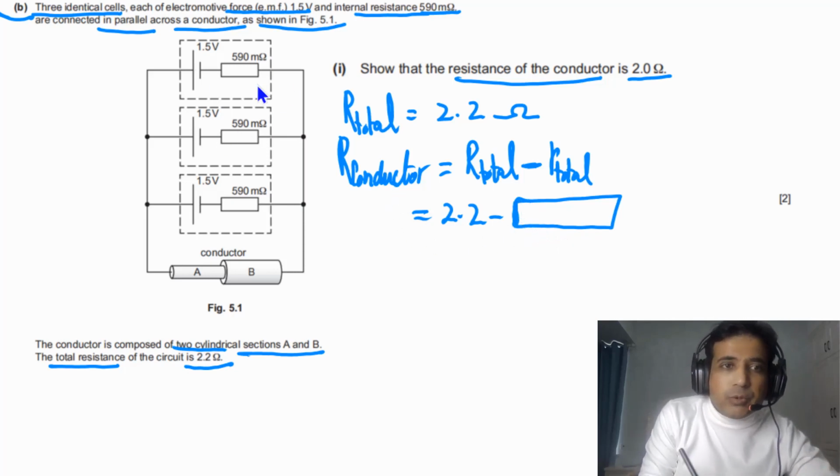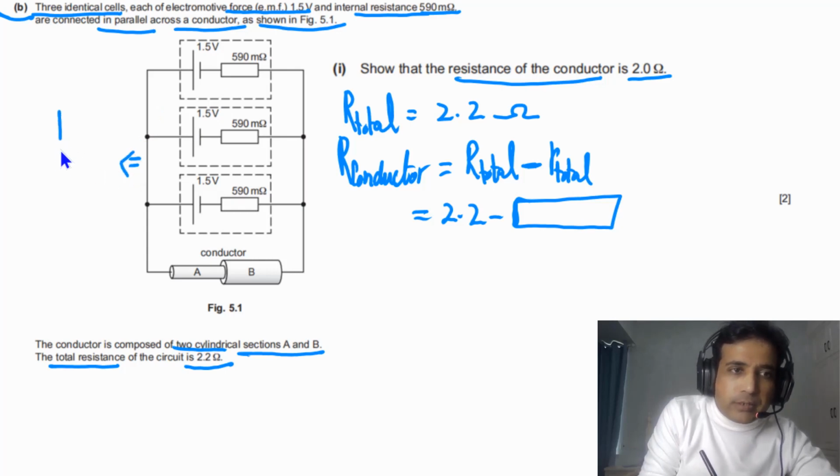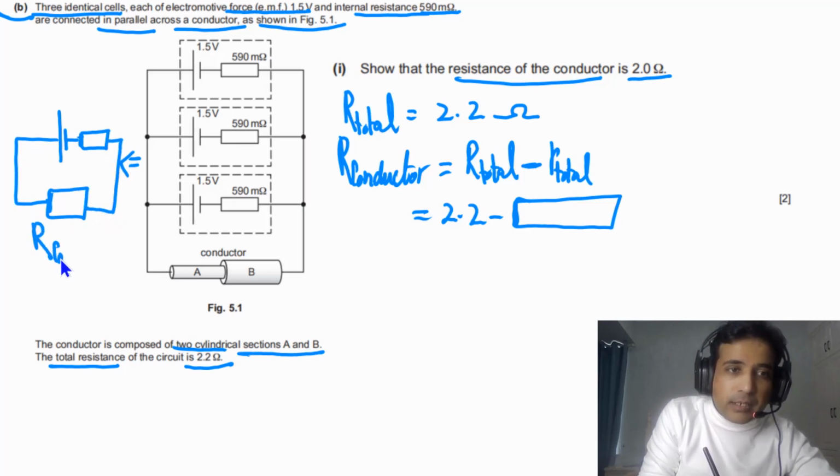It simply means that this whole circuit we can replace with just one cell with internal resistance, and you can draw here the resistance of the conductor, R conductor, and this is the small r total, and here we have a cell of 1.5 volts. So this whole circuit you can replace with this simple circuit.